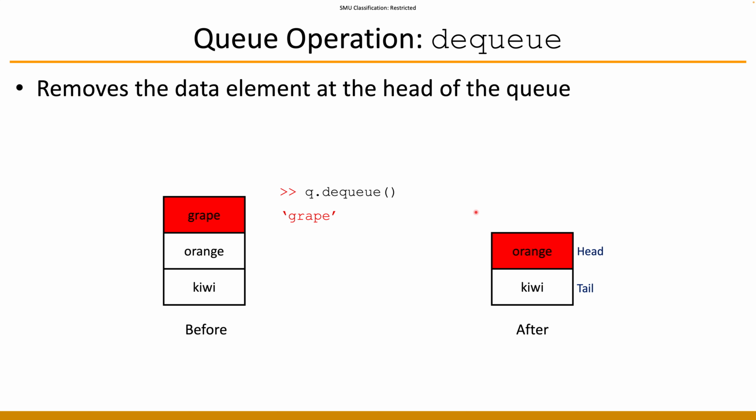Finally, for the dequeue operation, you simply remove the head element. In this case, grape will be removed, and the second item in line will become the new head. The tail pretty much stays the same.